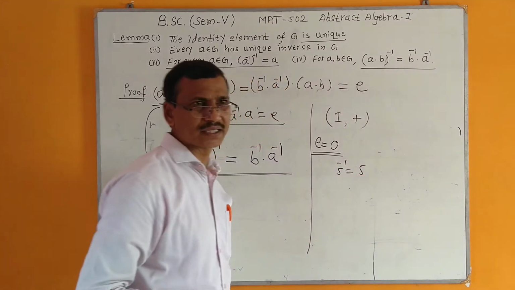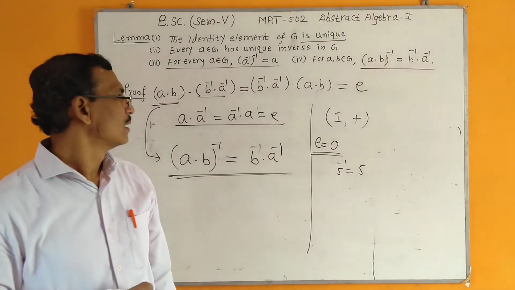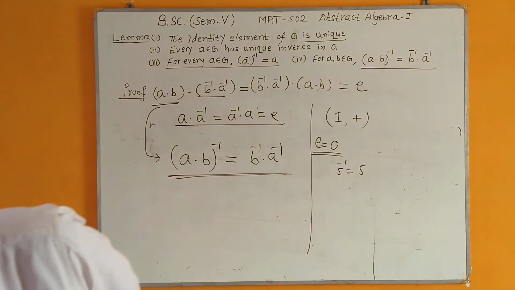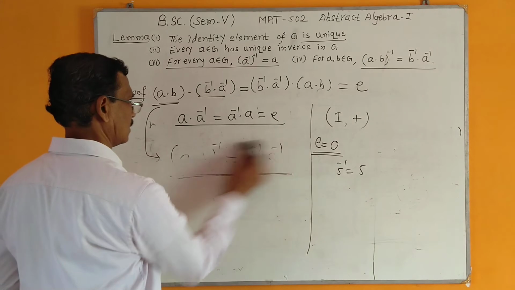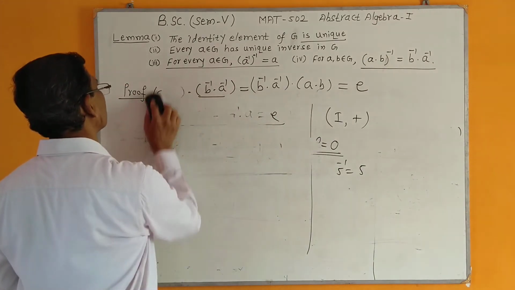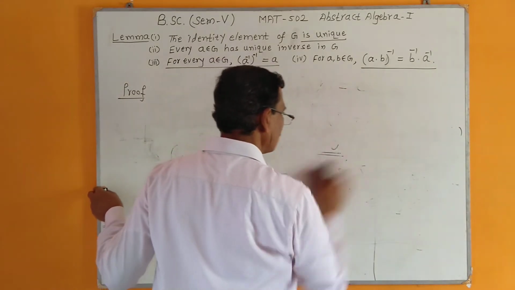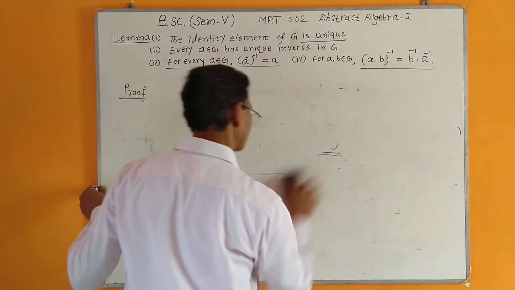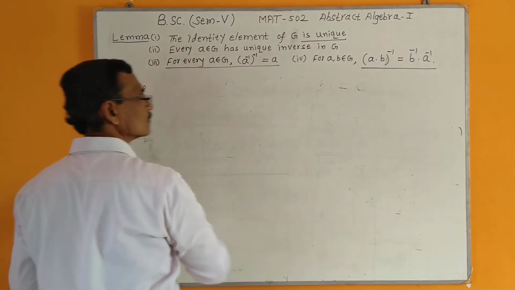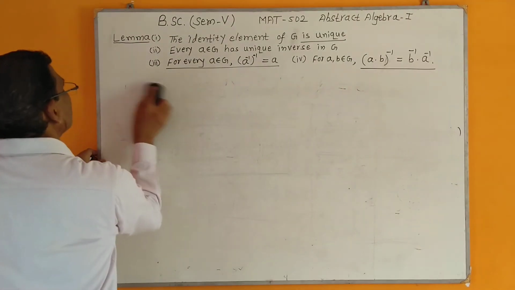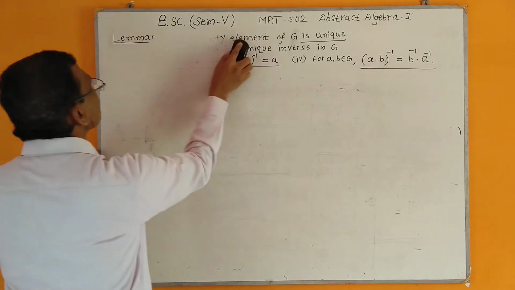There is no other inverse in the same set. Okay. These are the proofs of the lemma. Now we shall see some other lemma.